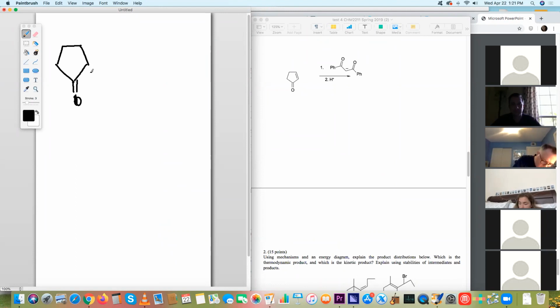It's going to still have the C double bond O there, but then this is just going to be plonked on at this specific position, because that's where the CC double bond ended. Whatever had the negative charge, that's what joins on there, like that, and joins on at that specific point.